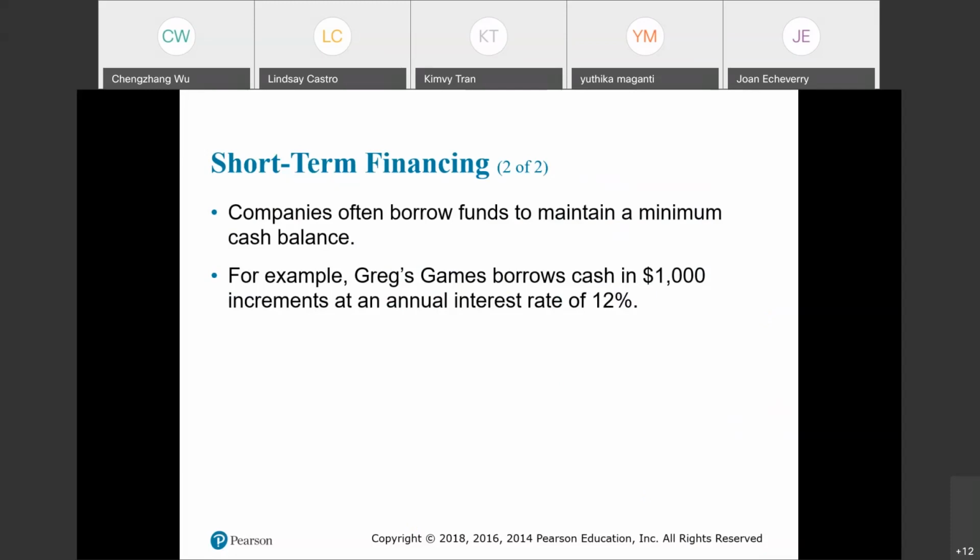And management borrows no more than the amount needed to maintain the 10,000 minimum requirement. Total interest expense will vary as the amount of borrowing varies from month to month.